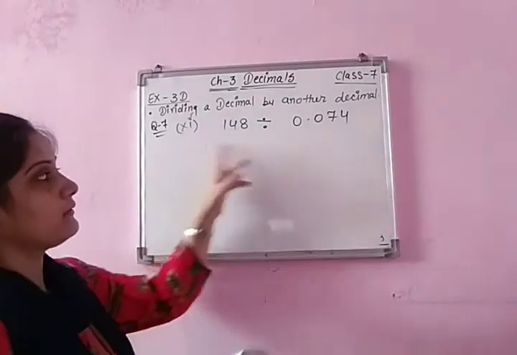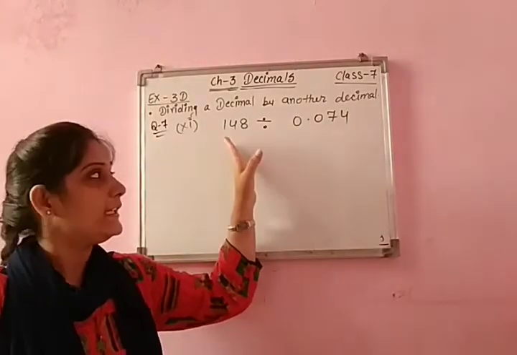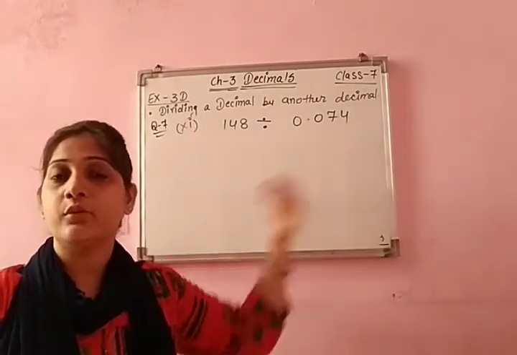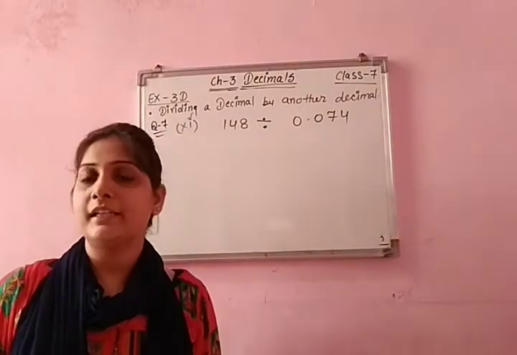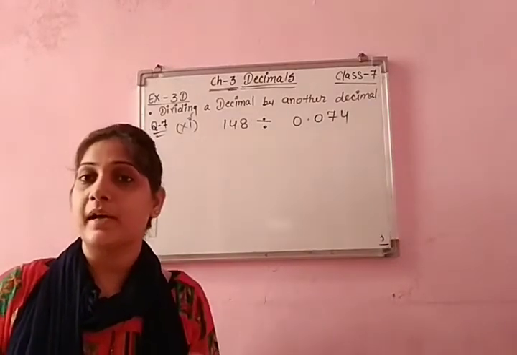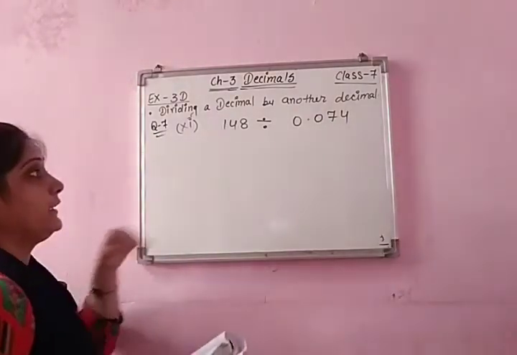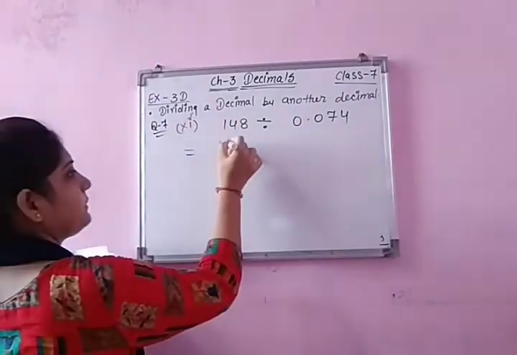Actually in this, the first number is a whole number. If instead the second one is a whole number, then we know how to divide a decimal number by a whole number, so we can do that easily. But here the first number is a whole number, so we have to use the same concept.